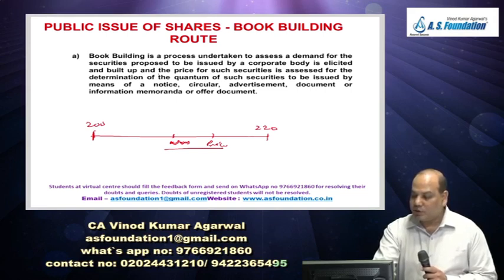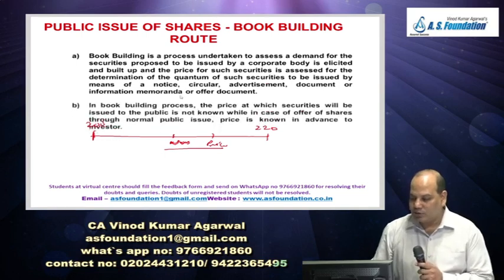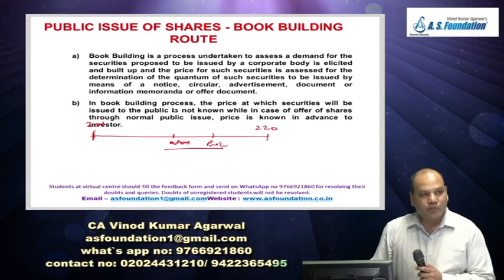And the price for such security is assessed for the determination of the quantum of such security to be issued by means of a notice, circular, advertisement, document, or information memoranda or offer document. In the book building process, the price at which security will be issued to the public is not known because they are asking for bidding.